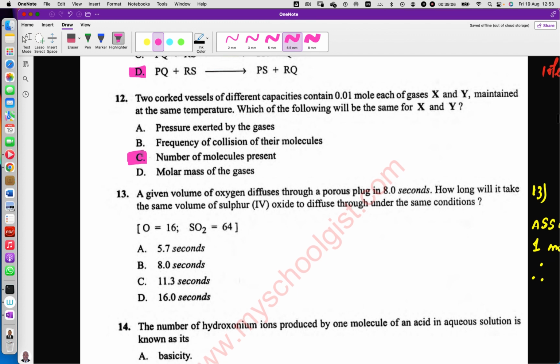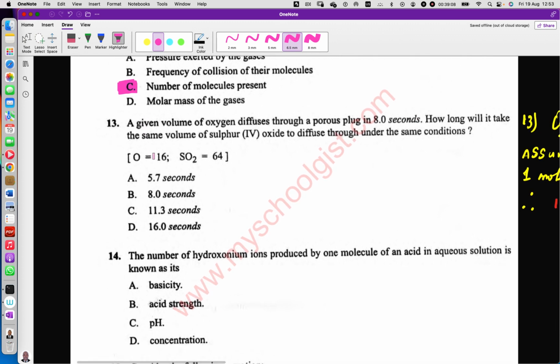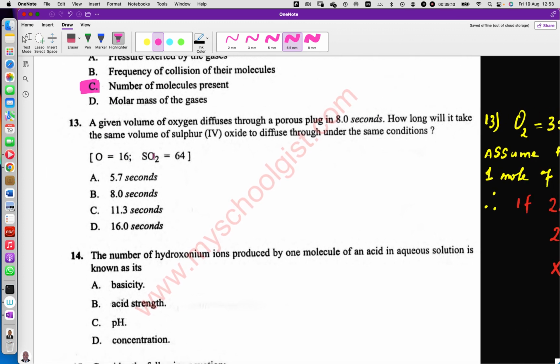A given volume of oxygen diffuses through a porous plug in 8.0 seconds. How long will it take the same volume of sulfur dioxide to diffuse through under the same conditions?